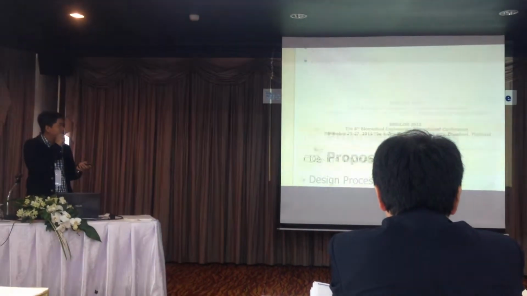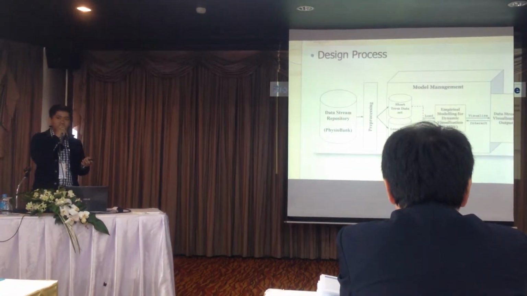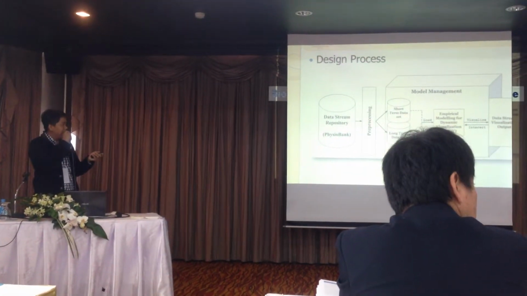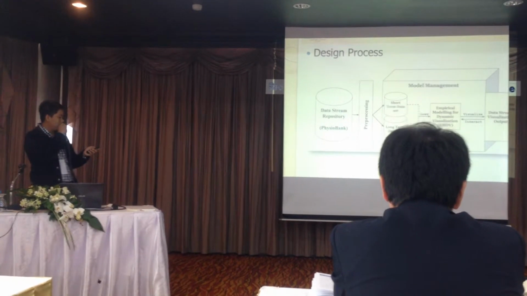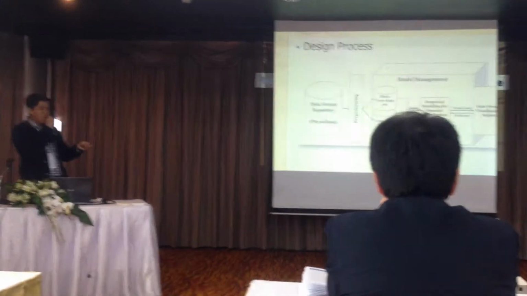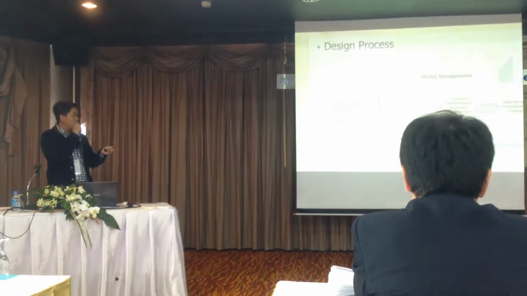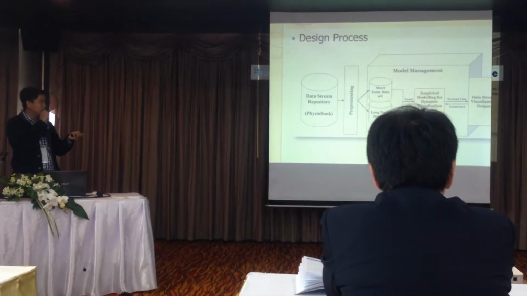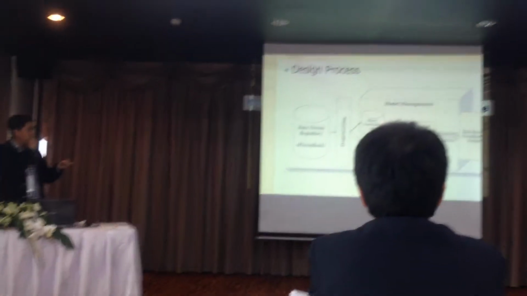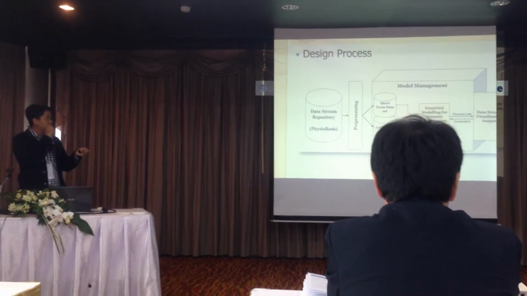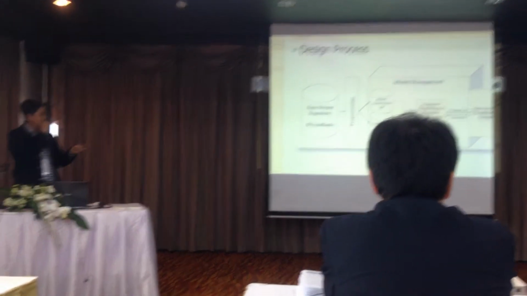And this is our process design. Firstly, we got a data stream in the VCO bank, and then the data set will be loaded to the processing step. After the processing step, we have two kinds of data set: the short-term data set and the long-term data set.